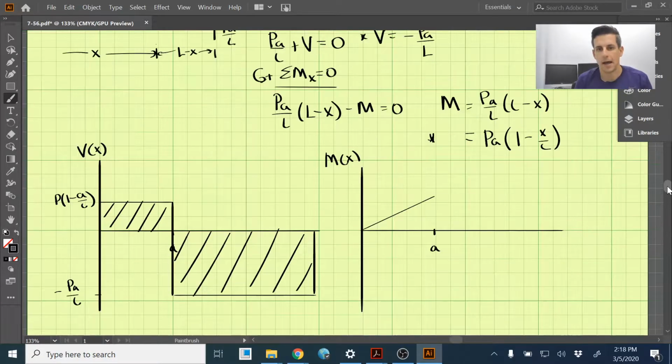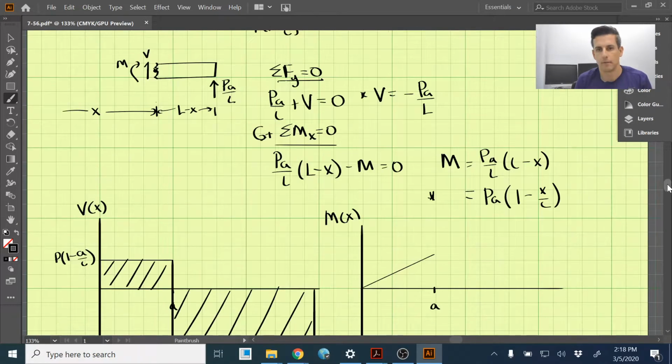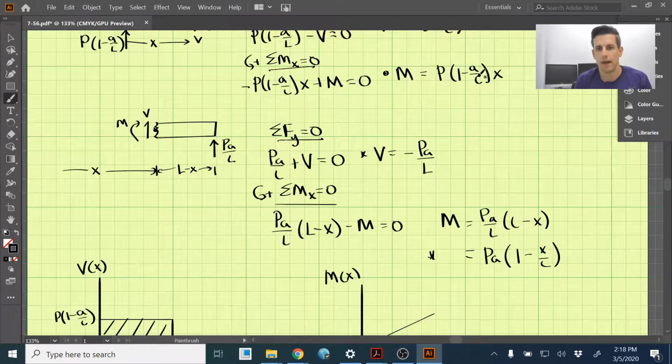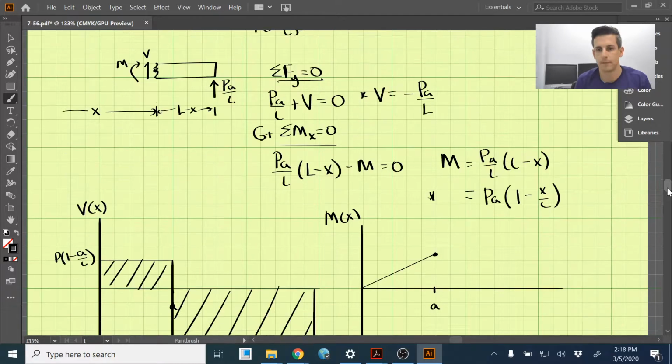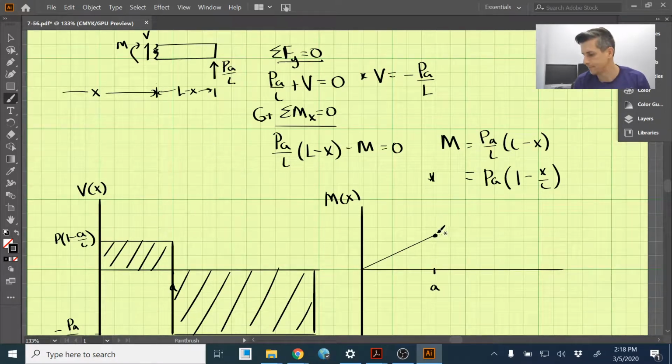Looking back up, the slope of that line is P times 1 minus A over L. At x equal to A, that's this point, we have a value of P times 1 minus A over L times A. So that's our value at that point right there.